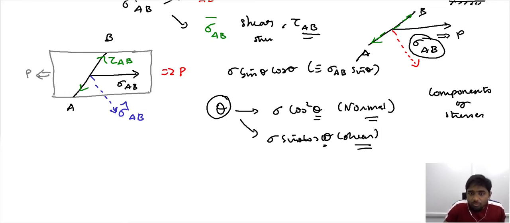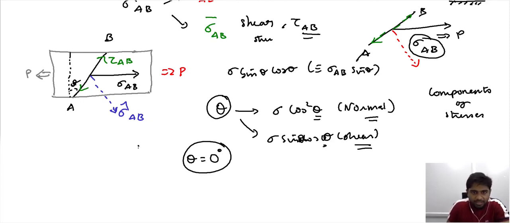Now let us see what would be the components of stresses when we are just considering a plane that is perpendicular to the actual loading direction. In that case theta will be equal to 0, so the plane is perpendicular to the loading direction P, and it means theta is 0.